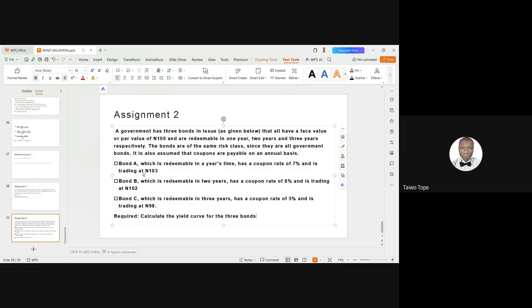These are the assignment questions. You have 3 assignments. 1 is already on the group, plus these 2. So you have to solve them and submit to the group. For this assignment 2, you are asked to calculate the yield curve.